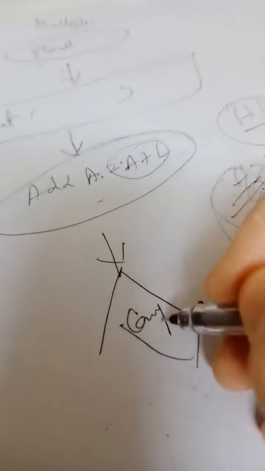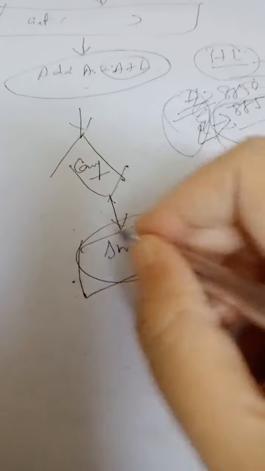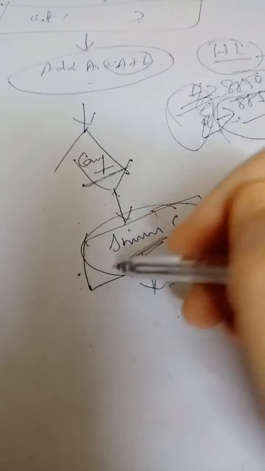After adding we will check for carry. Carry may come, carry may not come. If there is a carry, we increment the C register.